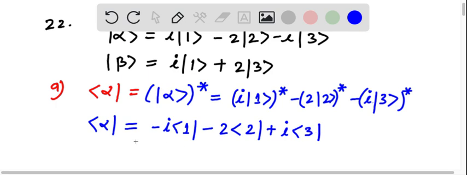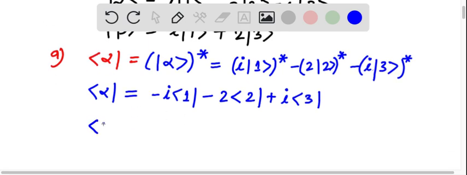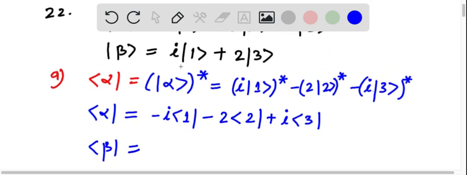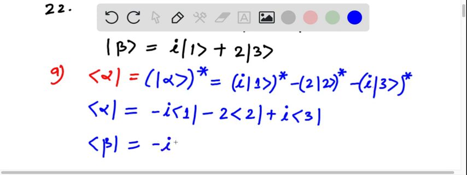Similarly we can find the bra β by taking the complex conjugate: it will be −i<1| + 2<3|.